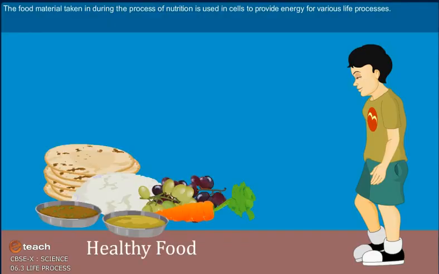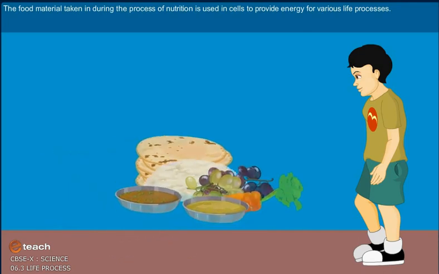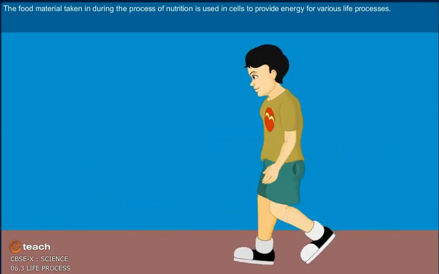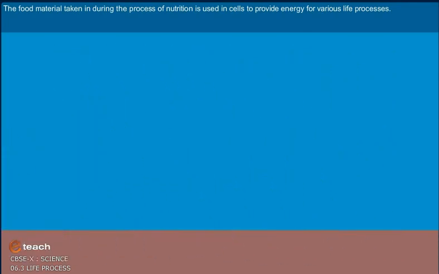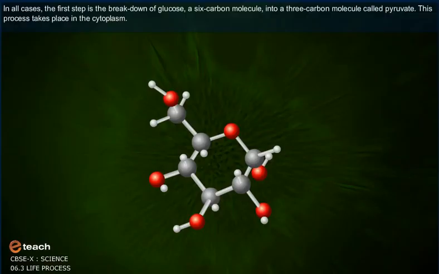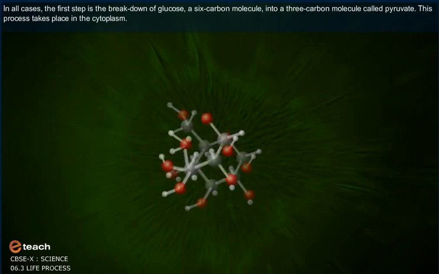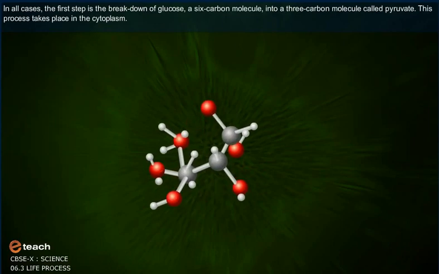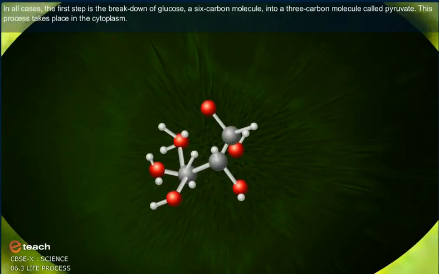The food material taken in during the process of nutrition is used in cells to provide energy for various life processes. In all cases, the first step is the breakdown of glucose, a 6-carbon molecule, into a 3-carbon molecule called pyruvate.